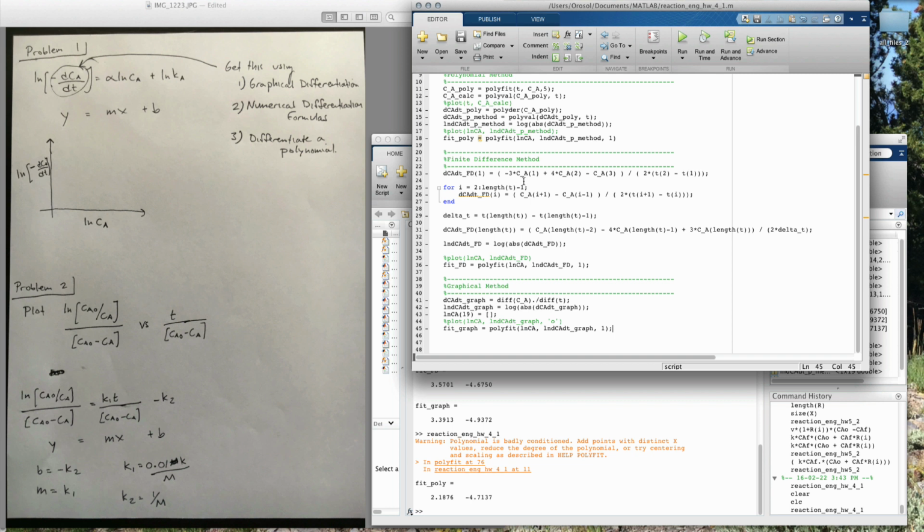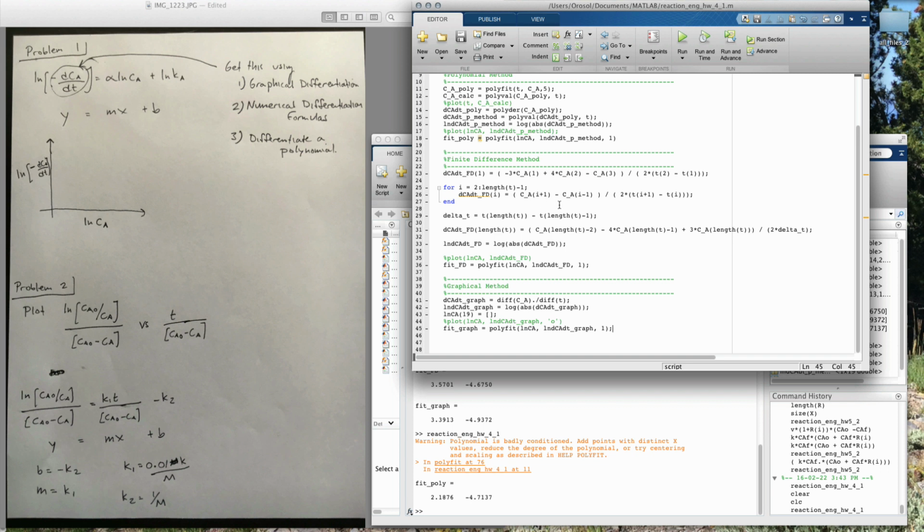This references the first point in CA, second point in CA, third point in CA, and the same thing with time. And then these are the middle values, and I'm going from 2 to the length of t minus 1.